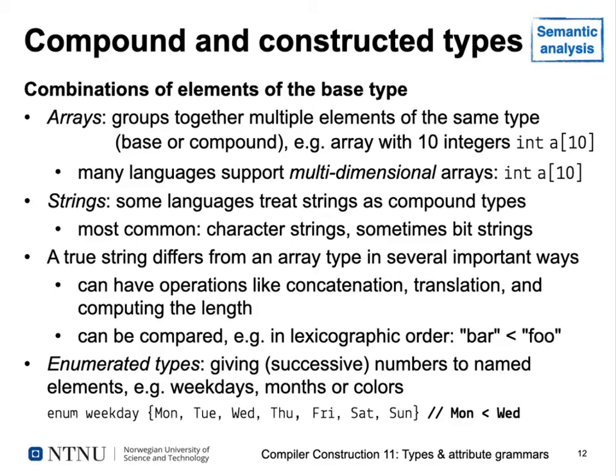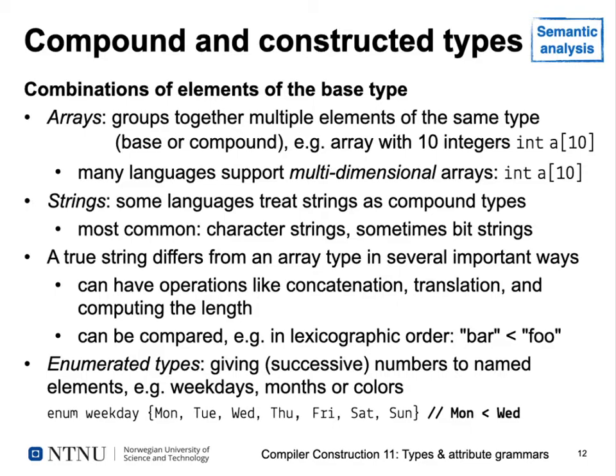For example, as arrays, which group together multiple elements of the same type. This might be one of the base types or even one of the compound types we declared ourselves. For example, an array containing 10 integers, int a[10]. Very many languages also support multidimensional arrays, which would be int a[10] and then another dimension, which didn't fit the slide here.